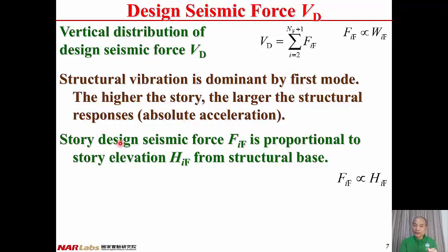Therefore, the story design seismic force, Fi^F, is proportional to the story elevation from the structural base, Hi^F. Hi^F is the elevation of the ith floor, ith story, from the ground. Therefore, Fi^F is proportional to its elevation.